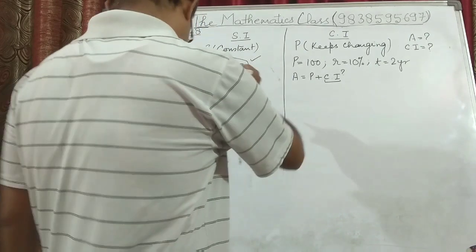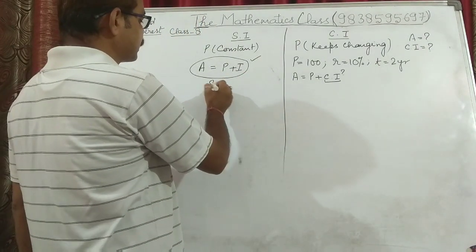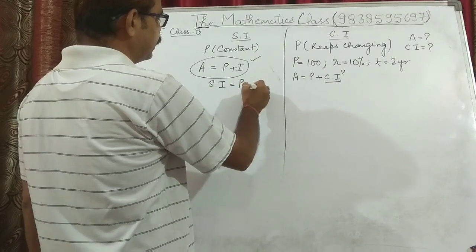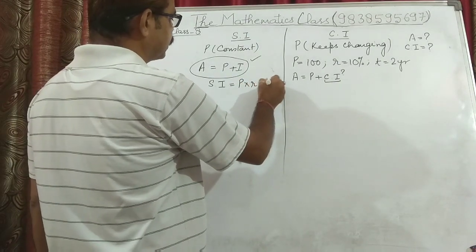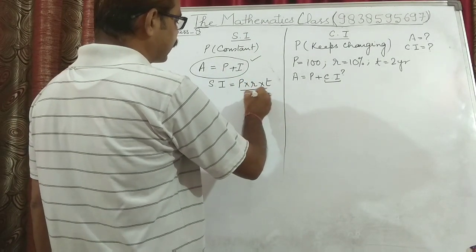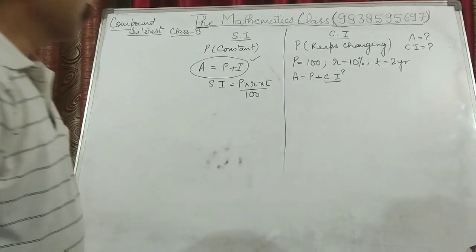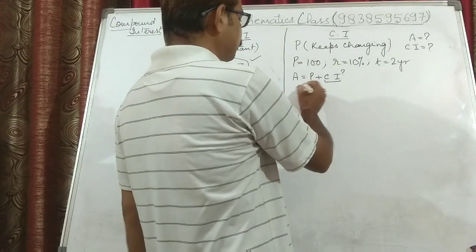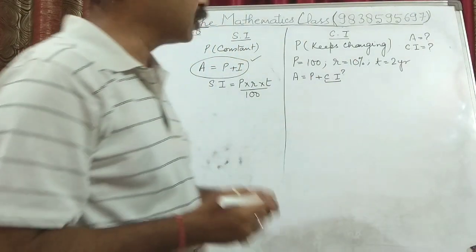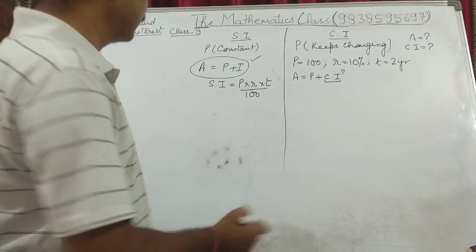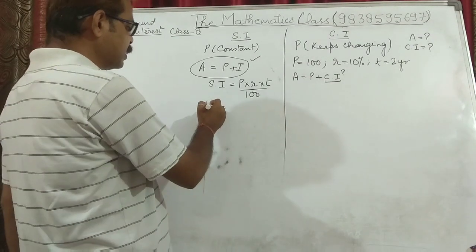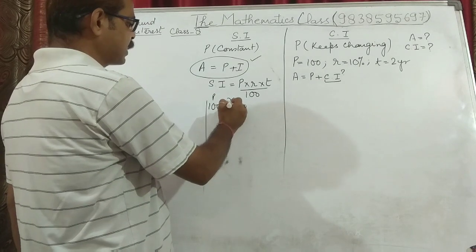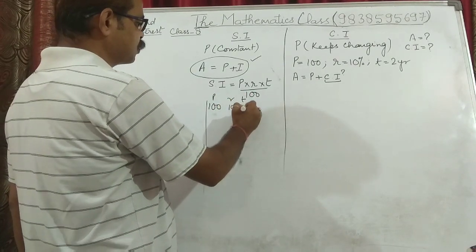What is the formula of simple interest? P into R into T upon 100. Now I will tell you the concept. Let's take the same example: the principal is 100 rupees, rate is 10% and time is 2 years.